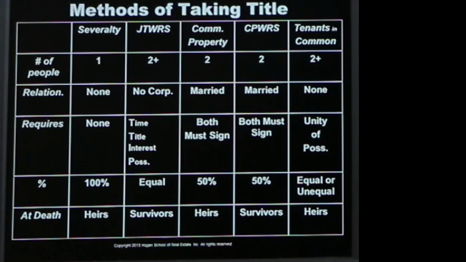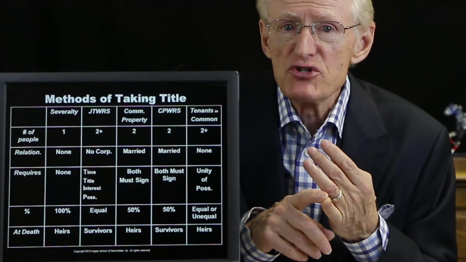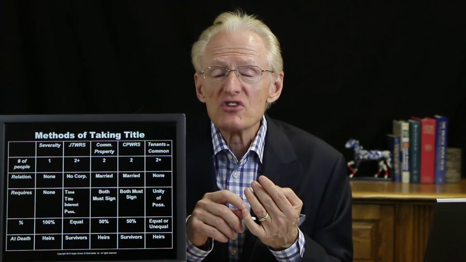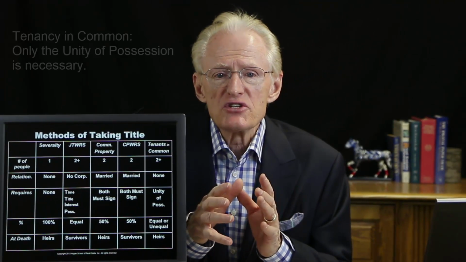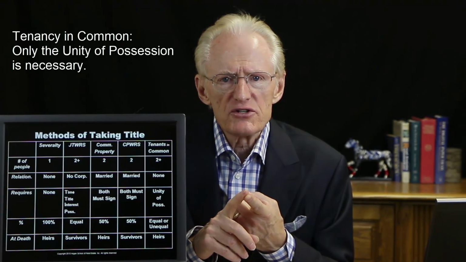So going back to joint tenancy, we have four unities: time, title, interest, and possession. In joint tenancy, they all must acquire at the same time through the same document. Their interests have to be equal, and they have unity of possession. Well, with tenants in common, the only unity that's necessary is possession. They do not have to acquire at the same time.